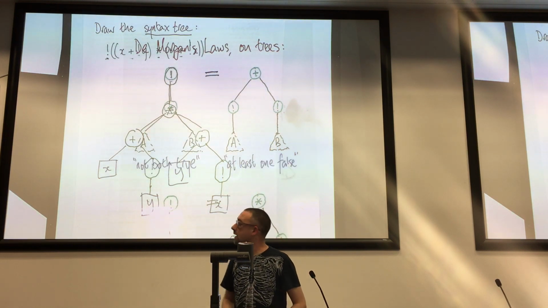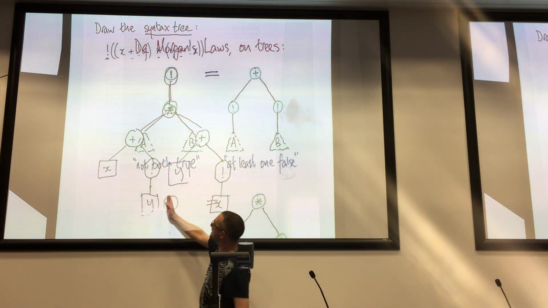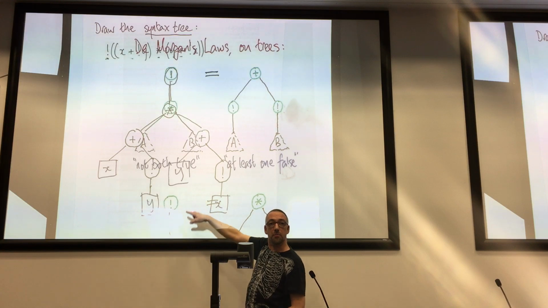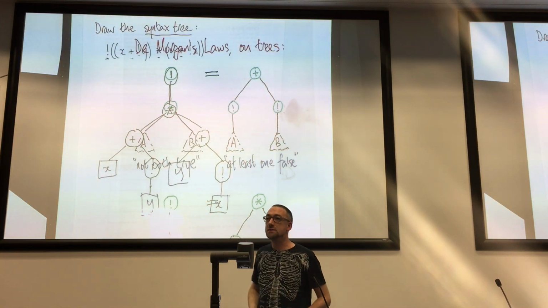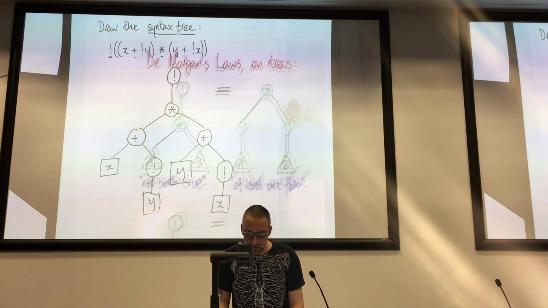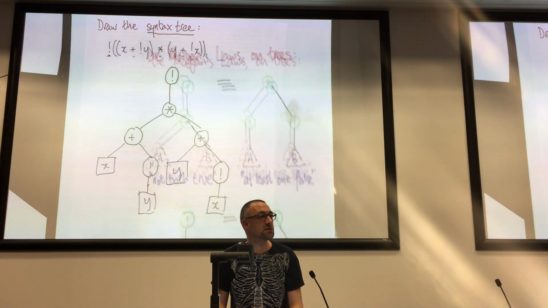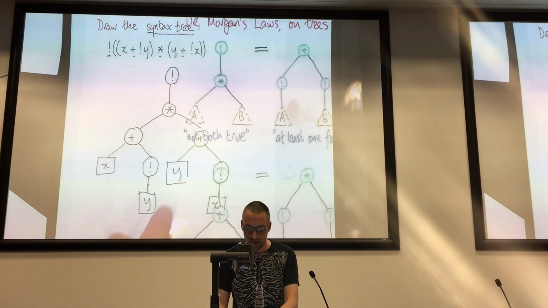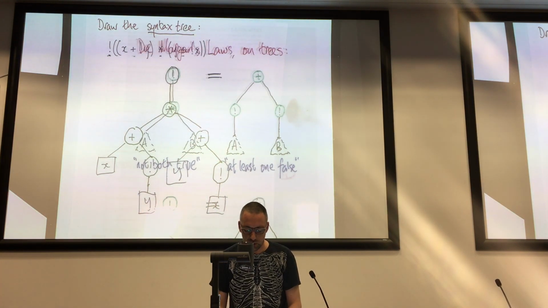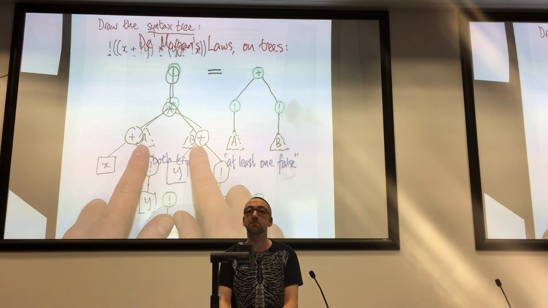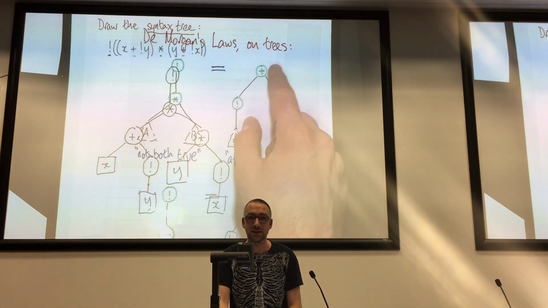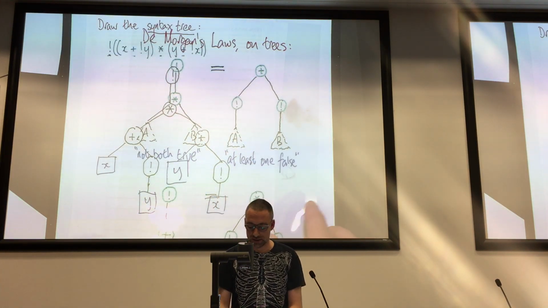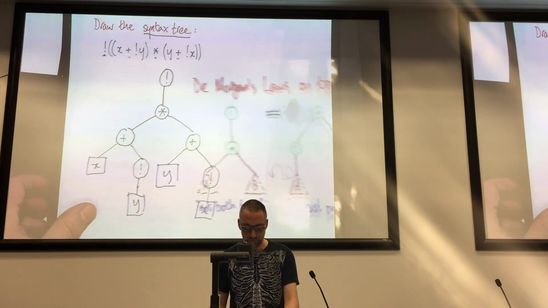So we figured out that A must be the left subformula and B must be the right subformula. We found the subtree which matches the left-hand side of the law, and that means we figured out what these A and B things must be, and then we can perform the rewriting to turn it into the right-hand side of the law.